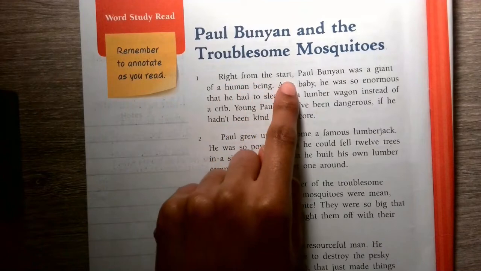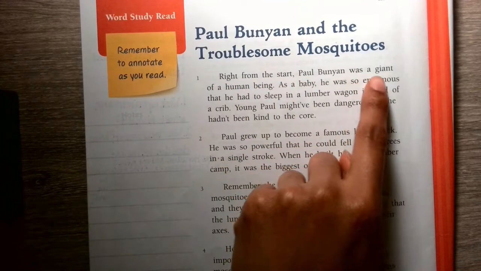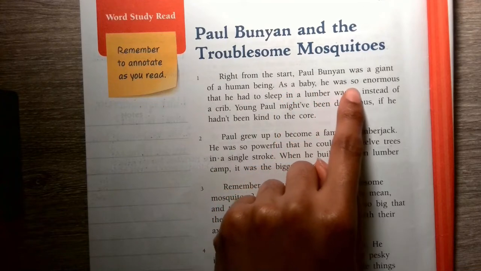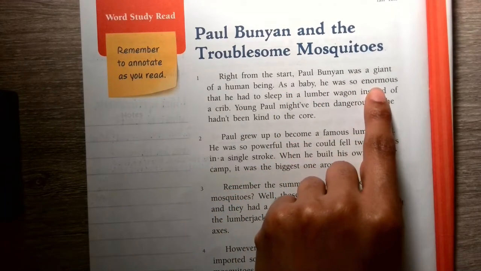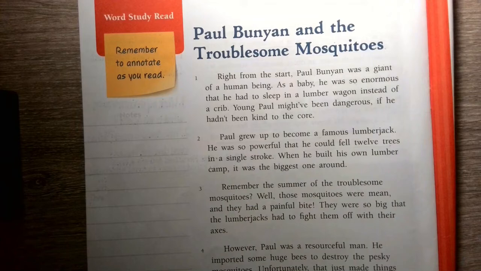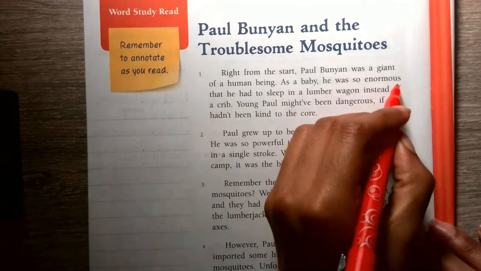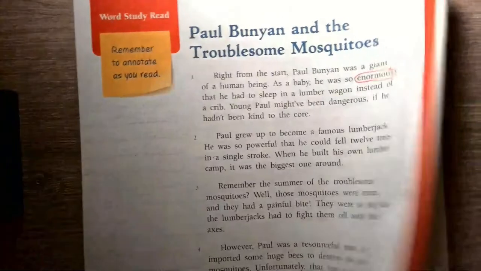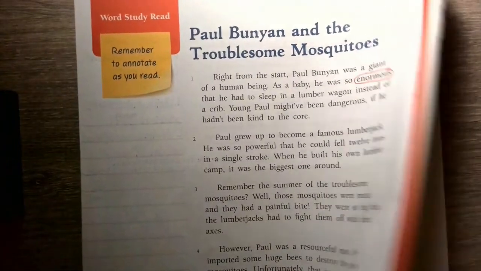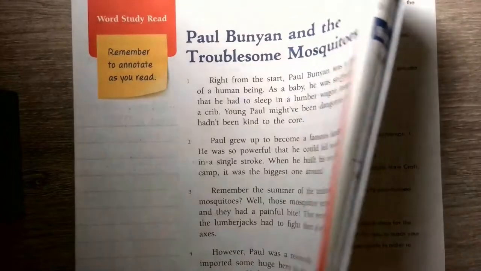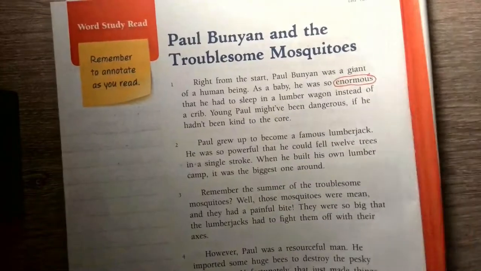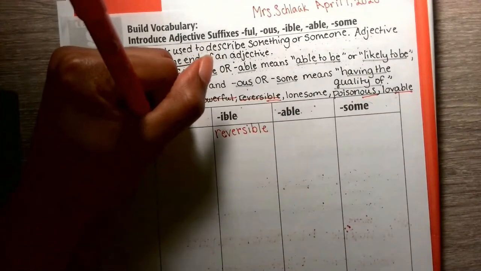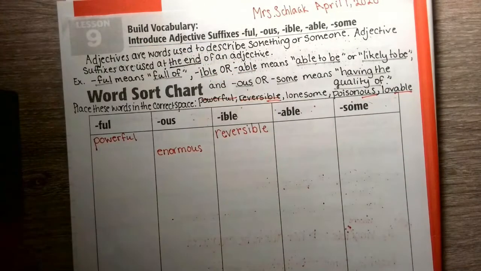Let's put our fingers on right. Right from the start, Paul Bunyan was a giant of a human being. As a baby, he was so enormous. I see that this has -ous at the end, so I'm going to circle that. And on my chart, I am going to write enormous under here. Enormous.